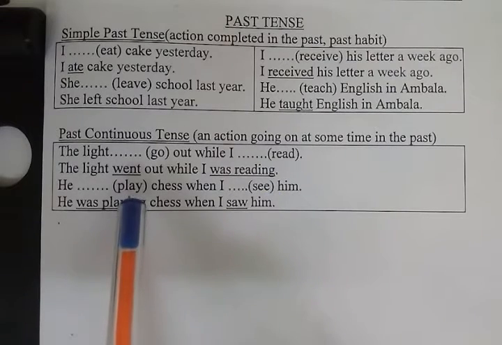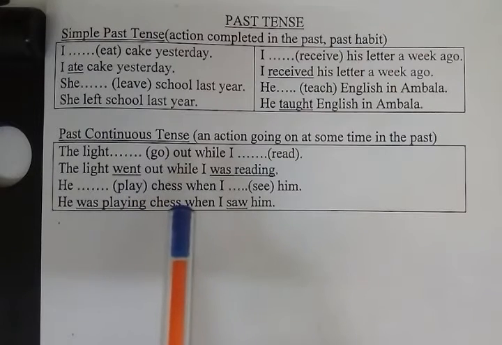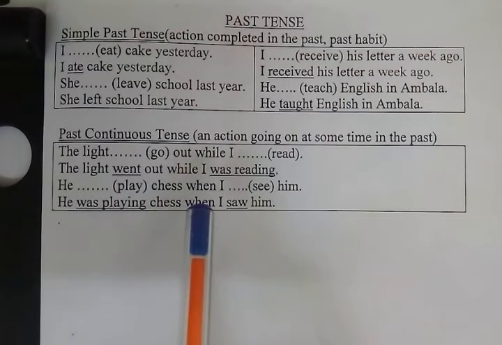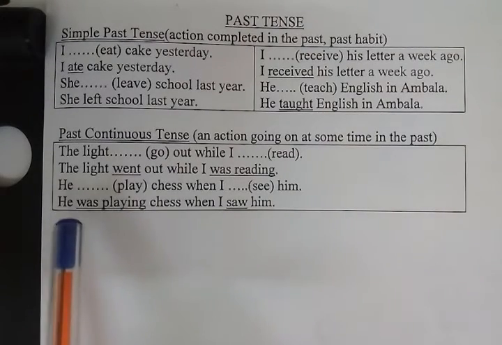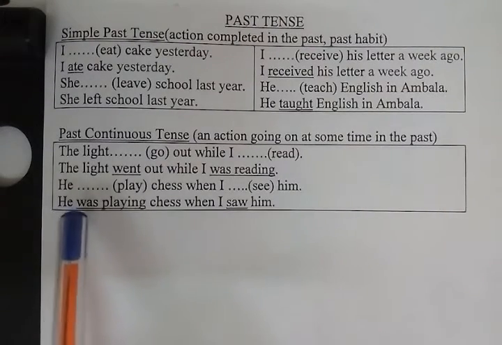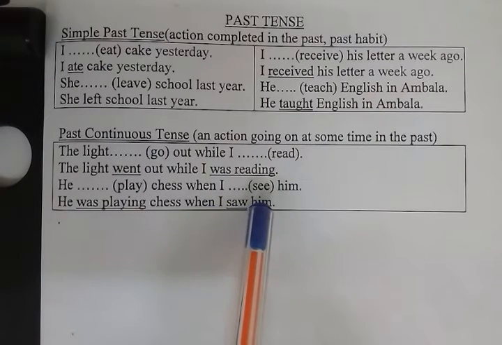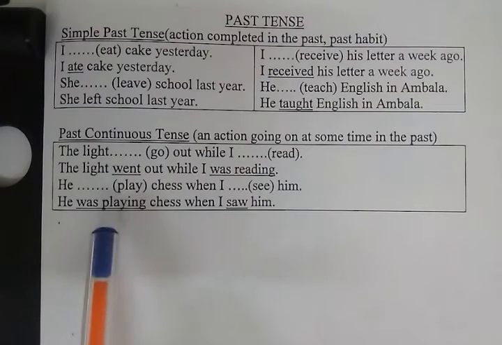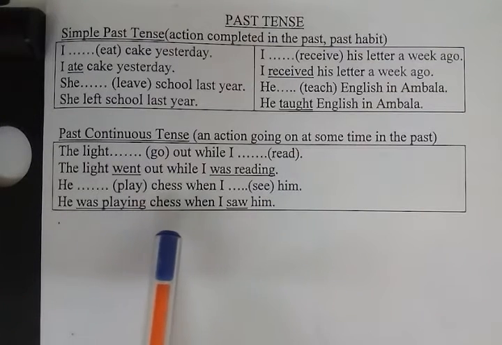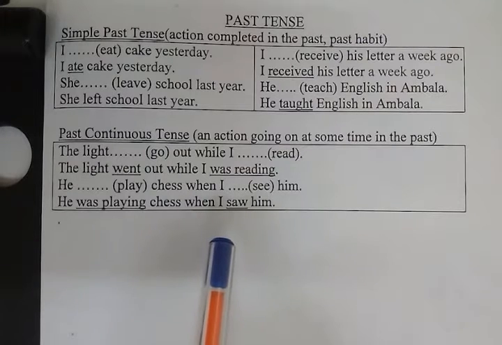So something happened and simultaneously something was going on at that point of time. Look at the next sentence. He dash play chess when I dash see him. So he was playing chess when I saw him. So it is clear from here.